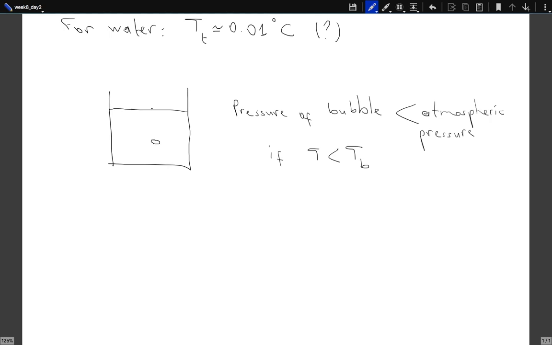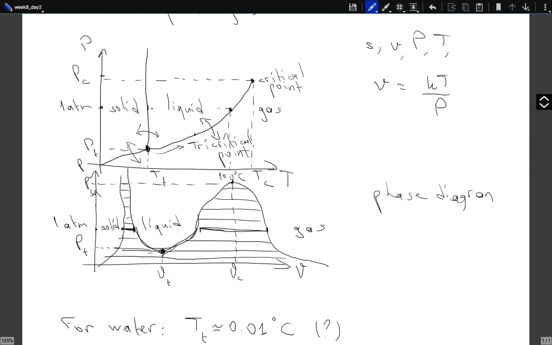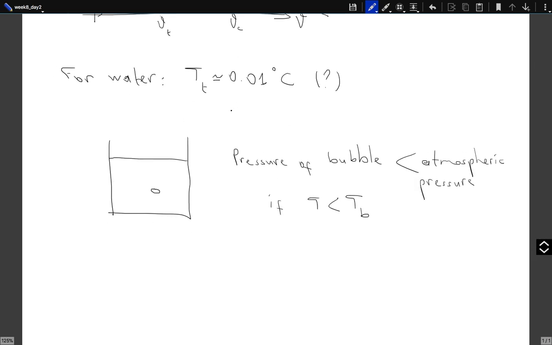But when you reach this temperature, you see this, when you reach this temperature, well, the pressure of the bubbles reaches the atmospheric pressure. Since it reaches the atmospheric pressure, once the bubble forms, it no longer collapses.